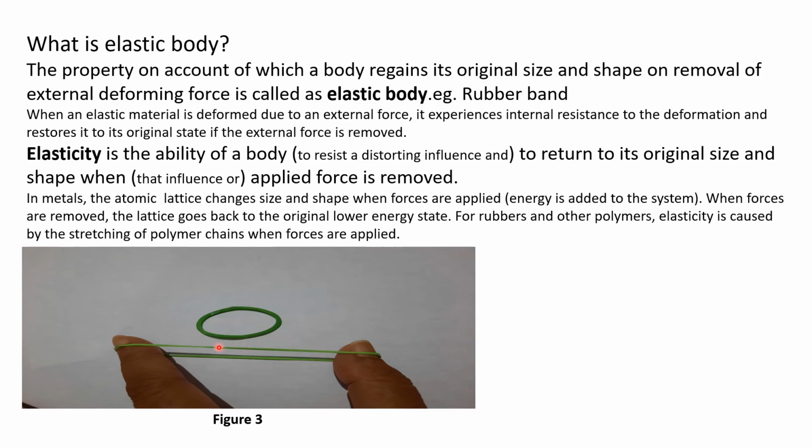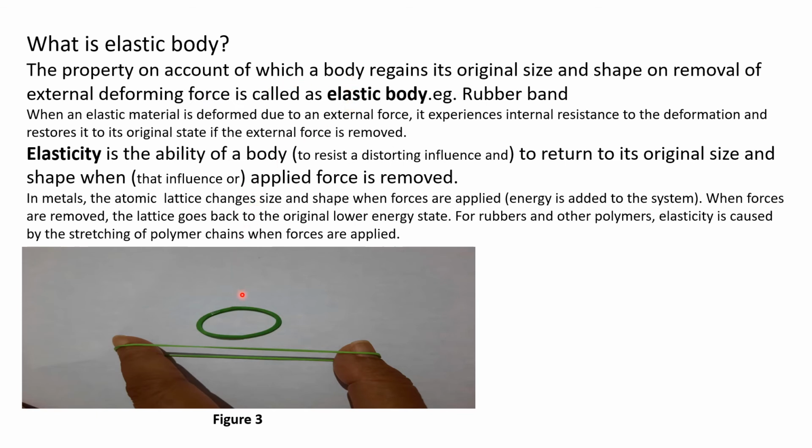Its length is now increased and the cross section is decreased. The thickness of this rubber band has reduced. But if I release this force and remove my hands, it will again come back to its original shape and size. So the body regains its original size and shape on removal of the external deforming force. Then this body is called an elastic body.